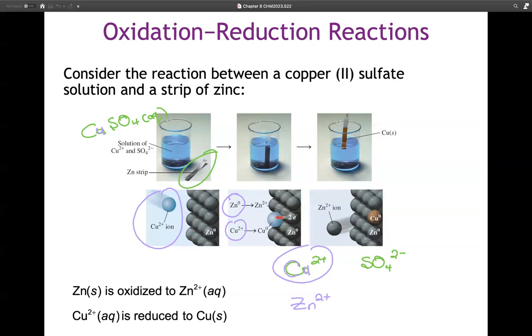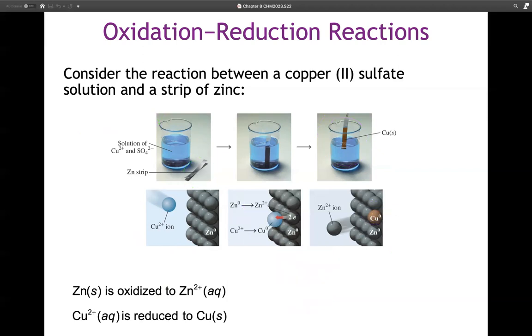Copper is gaining electrons, whereas zinc is losing 2 electrons. So copper will basically coat that zinc strip, and zinc will be released in solution. You'll actually end up seeing this coating on the zinc strip because of the redox reaction, where zinc is being oxidized to zinc ion and copper is being reduced to just the pure metal with an oxidation state of 0.